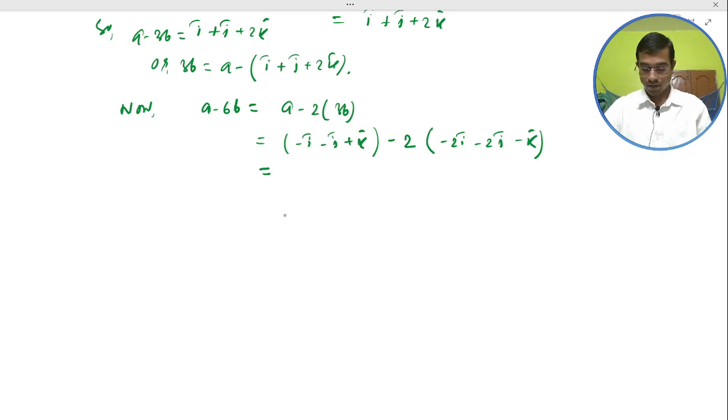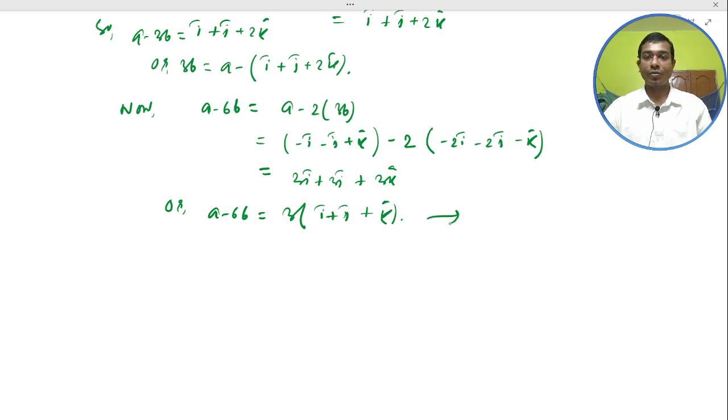So this is nothing but 3i plus 3j plus 3k. So finally A minus 6B is equal to 3 times (i plus j plus k). This would be the answer. i plus j plus k. Okay.